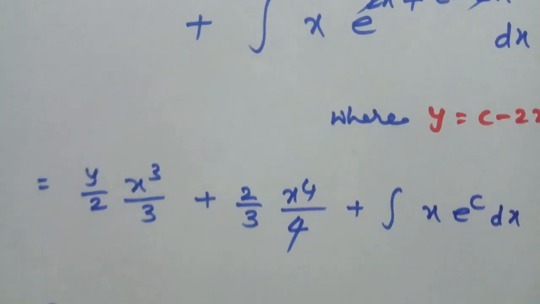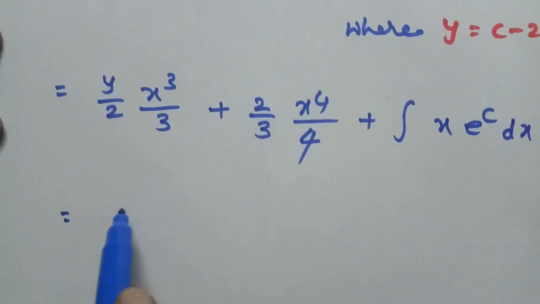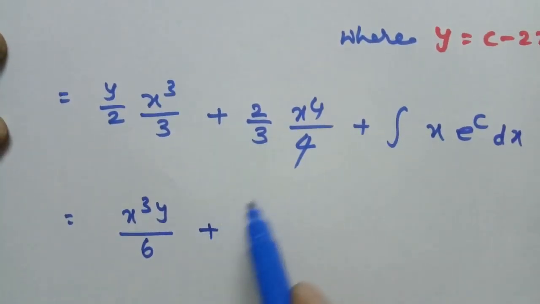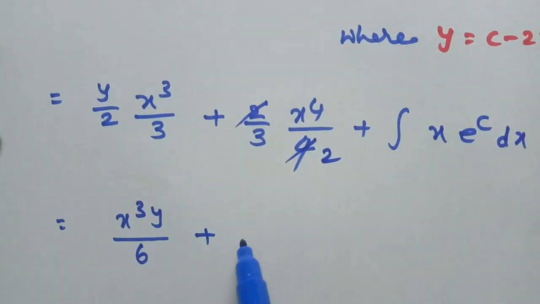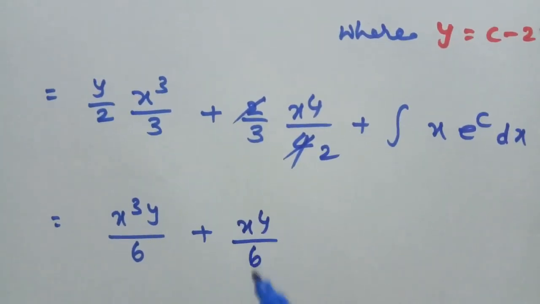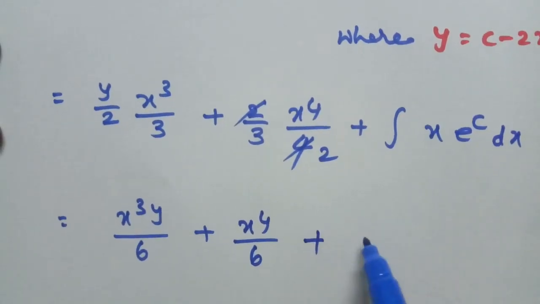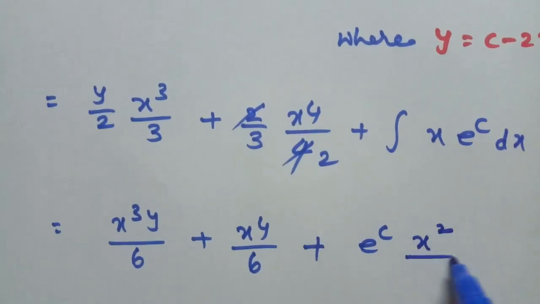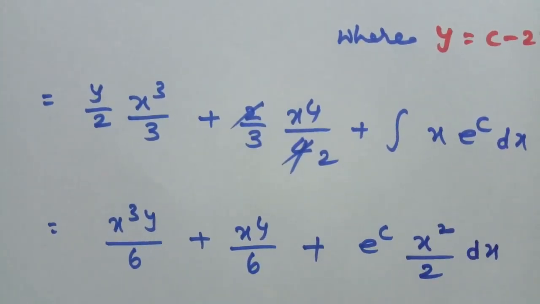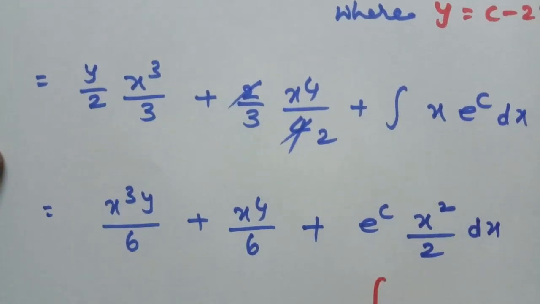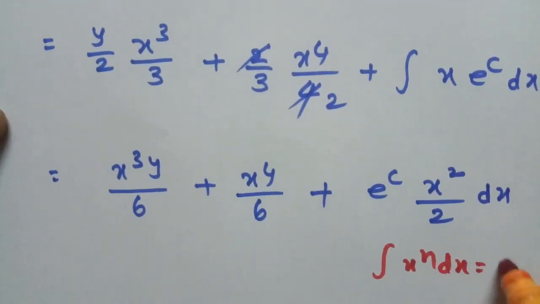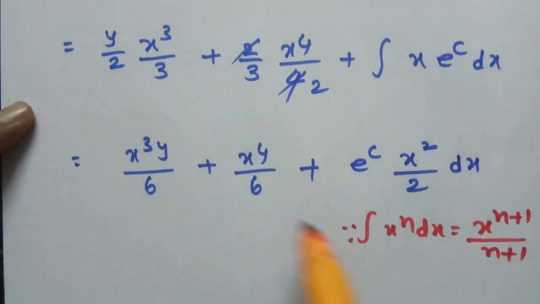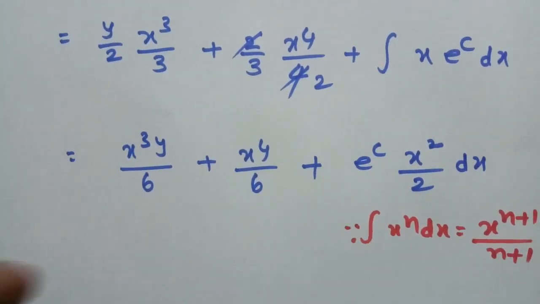Therefore, this can be written as x cube into y by 2 into 3, 6, plus 2 into x power 4 by 3 into 2, 6, plus e power c is a constant. Integration of x is x square by 2. Here we used the formula integration of x power n dx is equal to x power n plus 1 by n plus 1. From the above steps also we are using this formula.